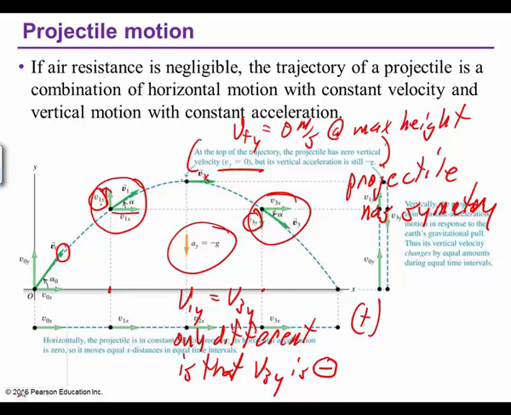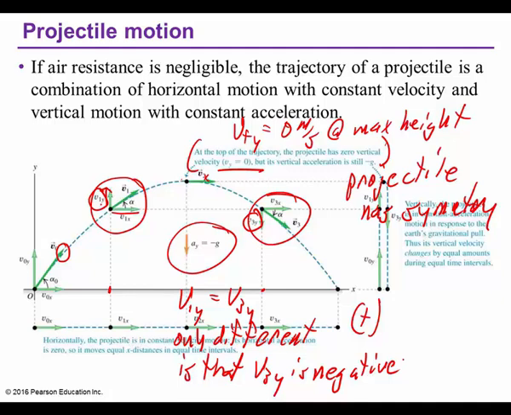Maybe I shouldn't do that, okay? Let's just say negative. That make everybody feel better? v3y is negative, right? So the value is the same, but as far as the magnitude, the magnitude's the same, but the direction is opposite. Okay?